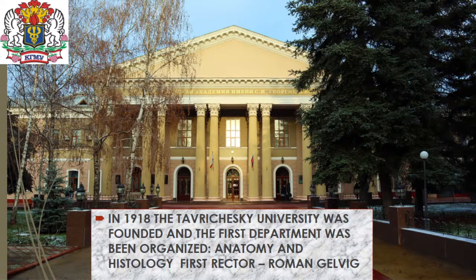The medical academy is a part of the Tavrichesky University, which is now named Crimea Federal University. The Tavrichesky University was founded in 1918, and the first department organized in the medical academy, at that time in the university, was the anatomy department, and the second was the histology department.